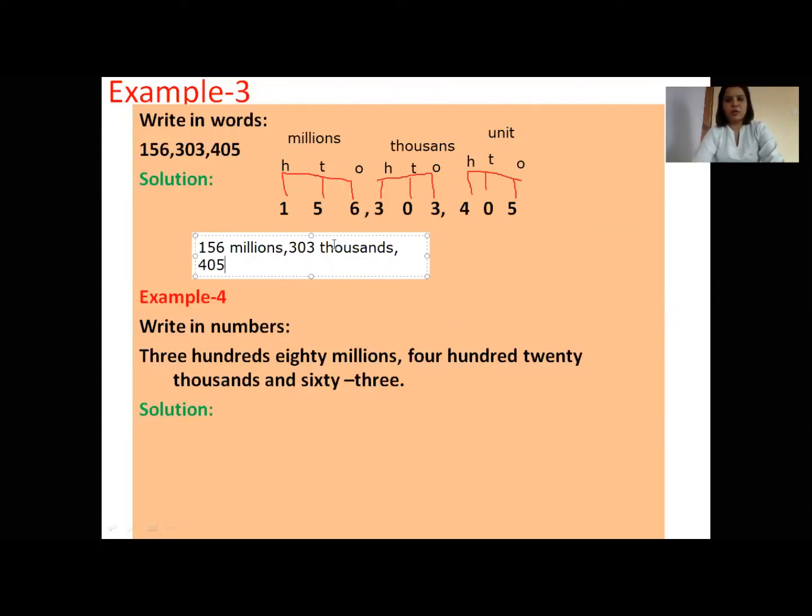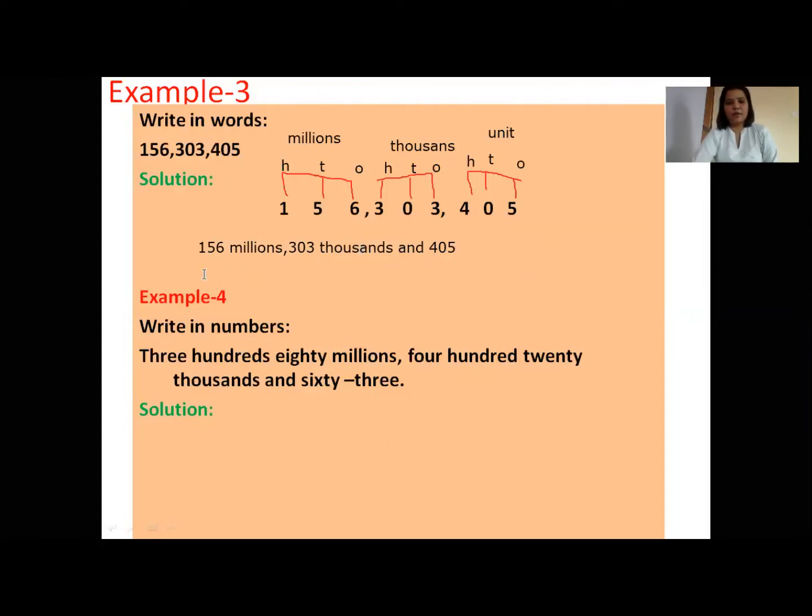Okay, so we are going to write here 405. So in this way we read the number as 156 millions 303 thousands and 405.